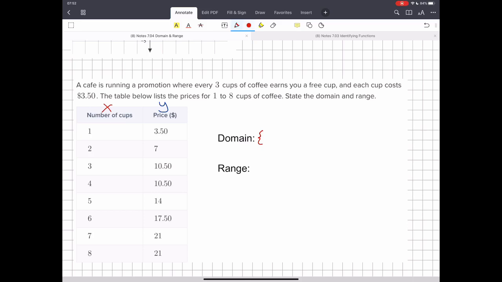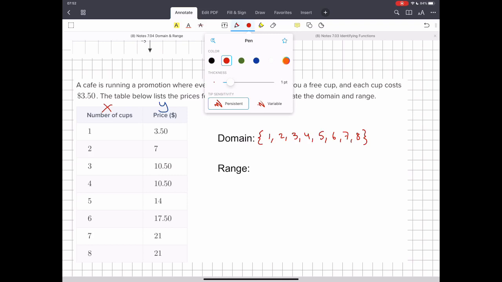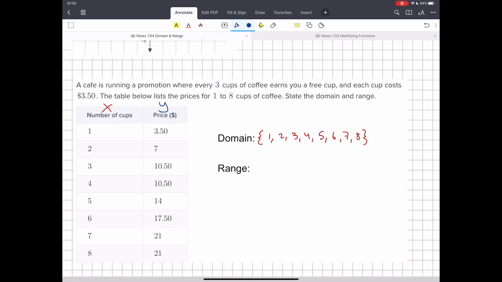In order from least to greatest, we've got 1, 2, 3, 4, 5, 6, 7, and 8. And now let's look at the range. So this has to be in increasing order. So $3.50, $7.